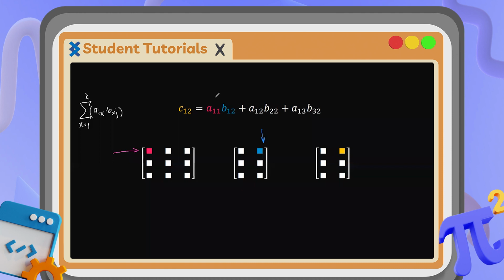Then once you're done with that column, you proceed to the next set of rows and columns, and so on and so forth. So you can actually make an algorithm or create a program in C that takes in two 2D matrices or arrays and gets the product of the said matrices.